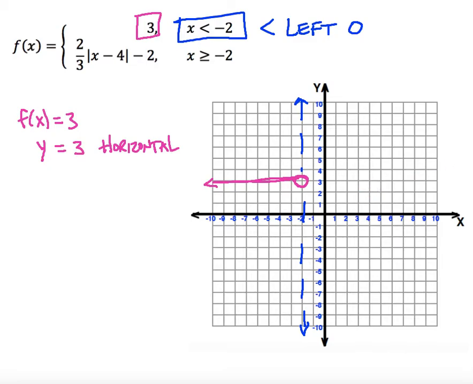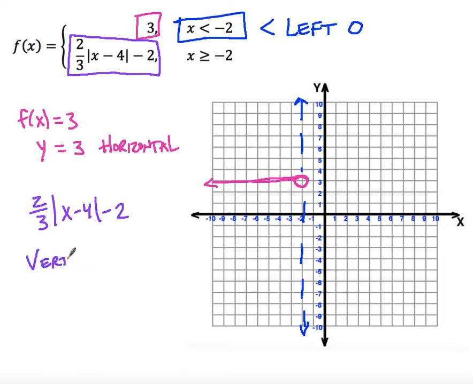The second function is right here. So we have an absolute value function. Start with the vertex. So we do the opposite of what we see inside, and we keep the number on the outside the same. So our vertex is at 4, -2. Put a dot there. And then the slope is 2/3.